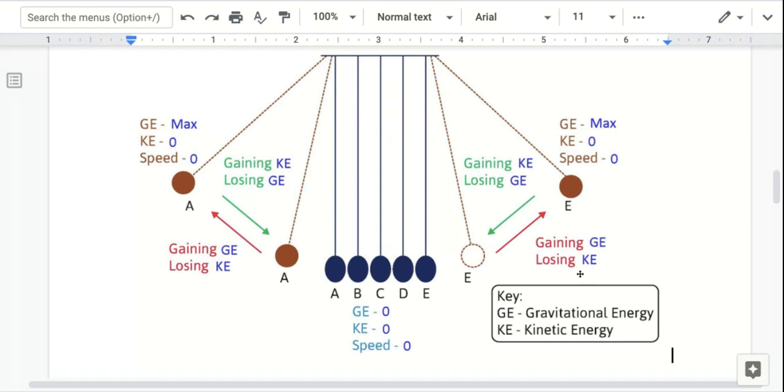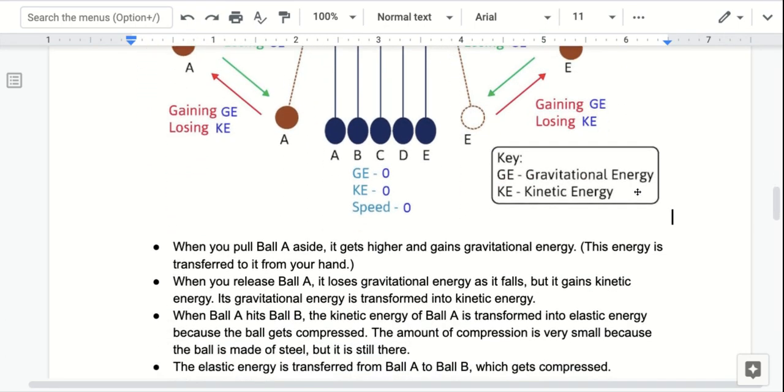It's got that kinetic energy, but as it goes up to the top, it's gaining its gravitational energy, its potential energy. It's slowing down, it's losing its kinetic energy. And when it gets to the very end of the motion, at the end of the cradle, it has its maximum amount of gravitational energy. It's not going to be moving at that top part, so it has 0 kinetic energy and 0 speed.